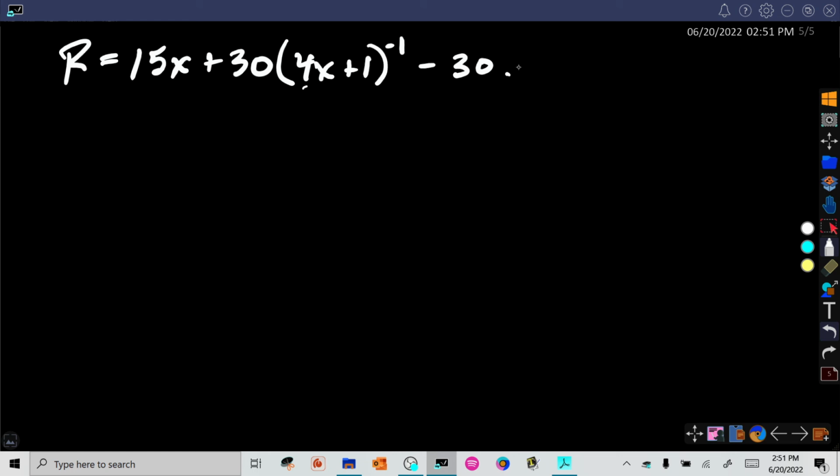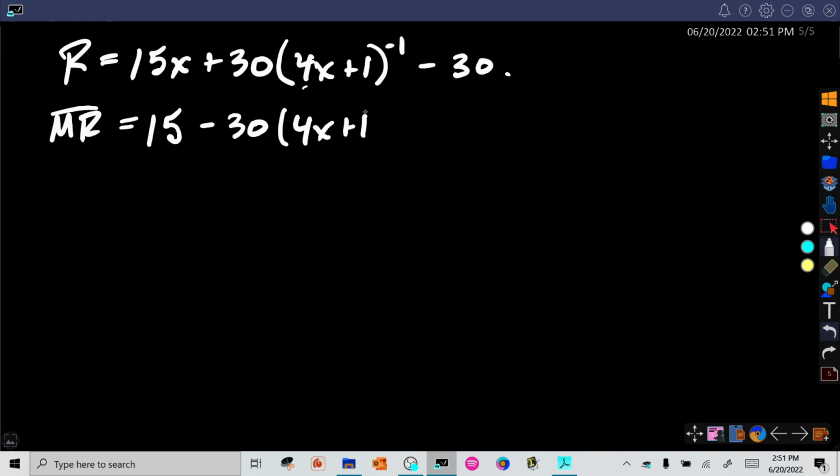First we have to figure out what the marginal revenue is. So we've got this marginal revenue with a line. This is just going to be 15, and then we do the derivative of this. Minus 1 times 30 is minus 30. Now I'm going to rewrite the inside.